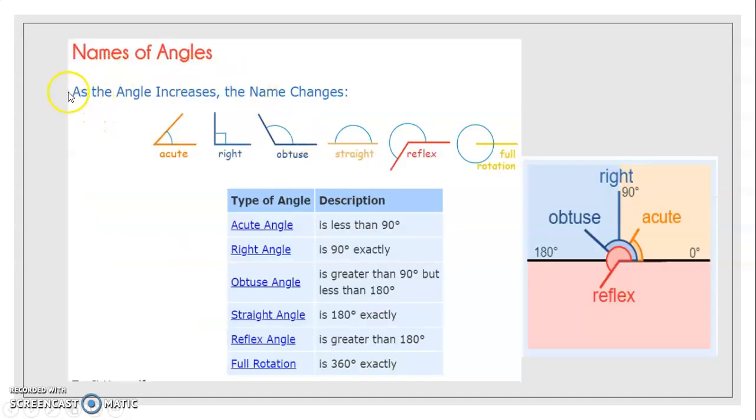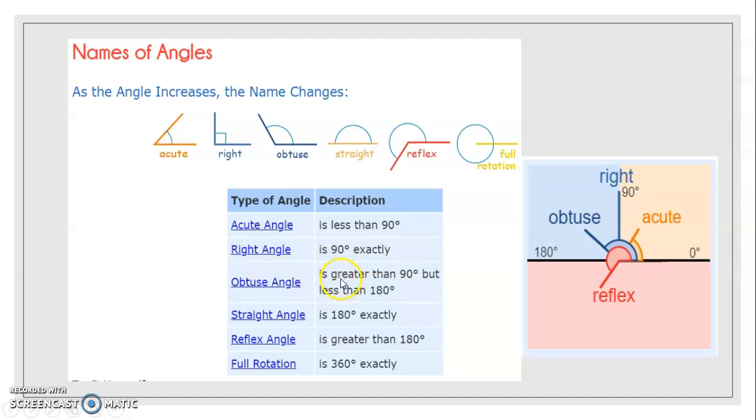Names of angles. As the angle increases, the name changes. Acute, right, obtuse, straight, reflex, full rotation. Acute angle is less than 90 degrees. Right angle is exactly 90 degrees.